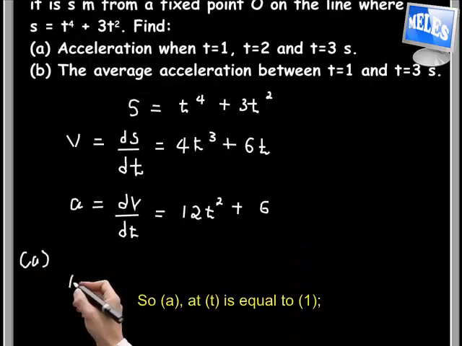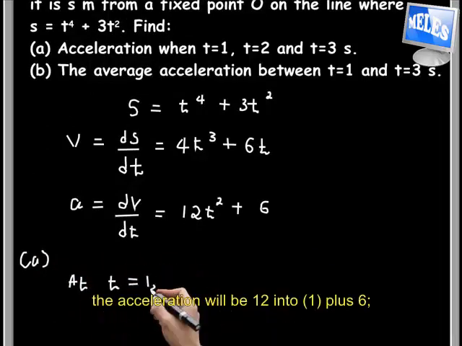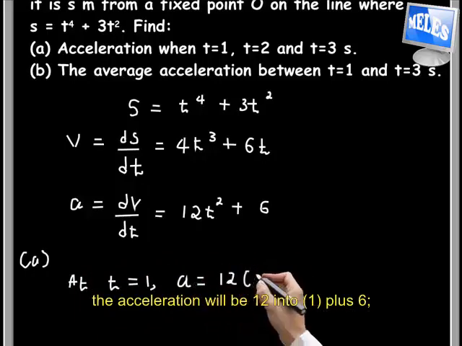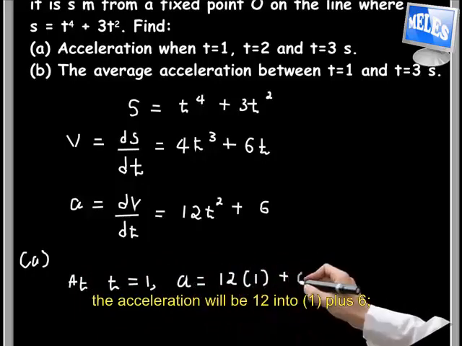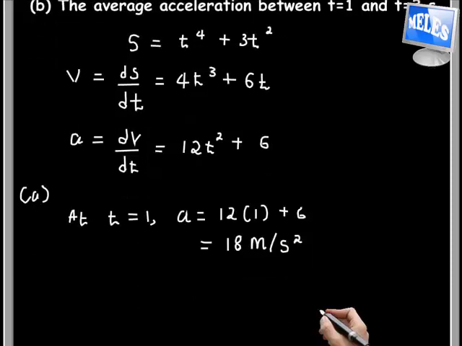So A, at t is equal to 1, the acceleration will be 12 into 1 plus 6, and that is 18 meters per second squared.